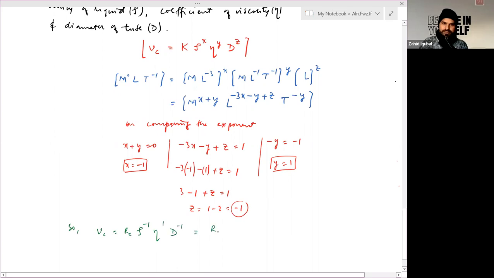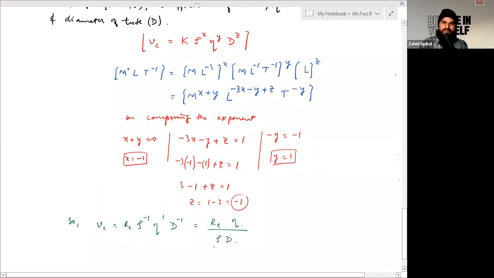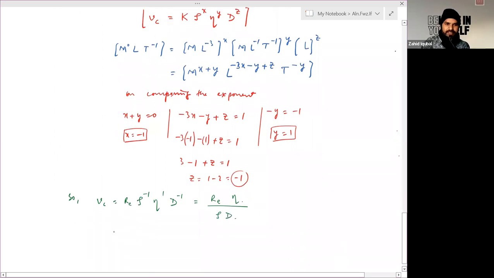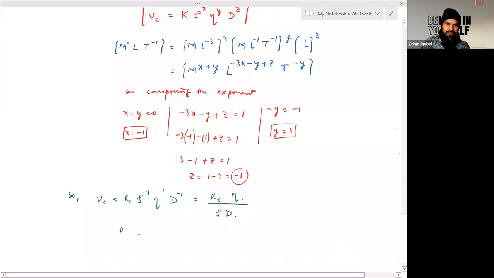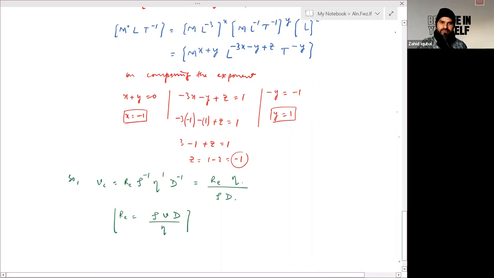So you may write Re eta divided by rho d. Move these terms to the left side to find the value of Re. So you'll get rho v d by eta. This will be the final expression of Reynolds number, on the basis of which we may define different types of flow.